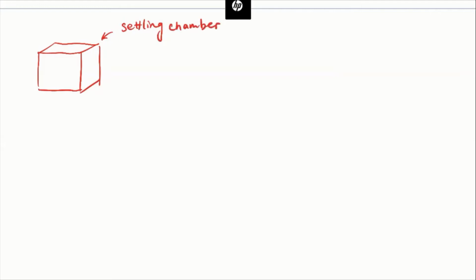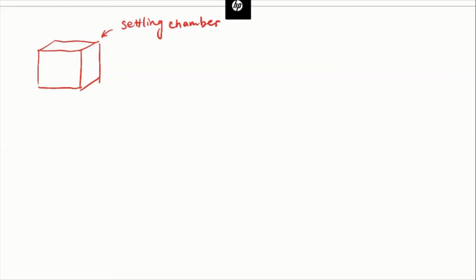You can think of it as a system that looks like this. Let's imagine that we have a room or a chamber, of a cube size. Call this the settling chamber. This chamber is filled with particles.